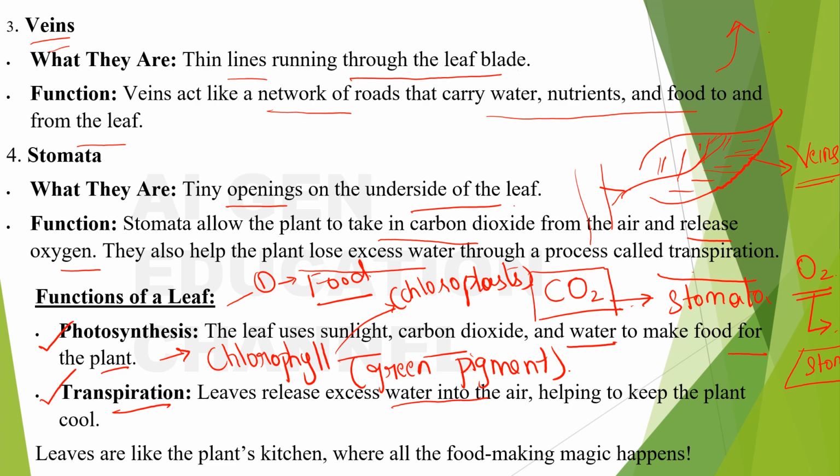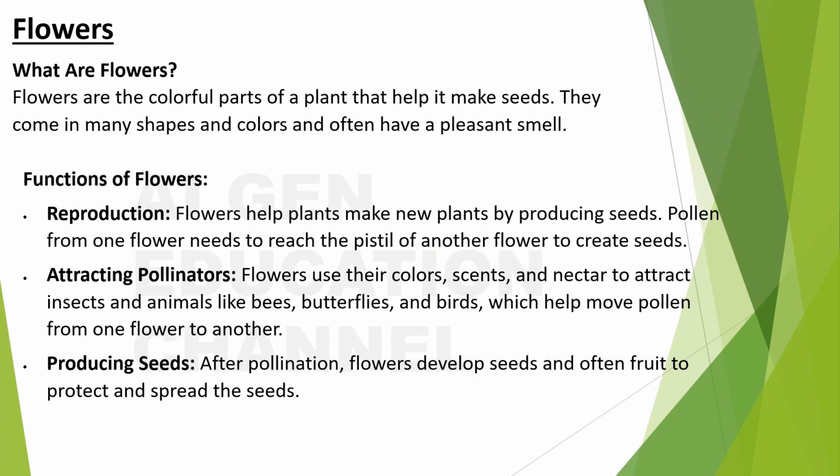Okay, so next is flowers. What are flowers? Flowers are the colorful parts of a plant that help it make seeds. They come in many shapes and colors and often have a pleasant smell. So we all play with flowers, right? Why do we get attracted to the flowers? It is because of the different colors it has, right?